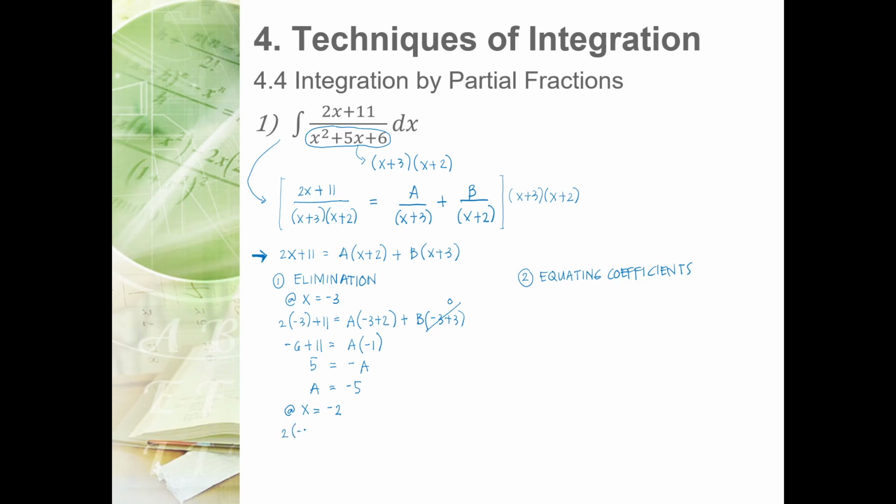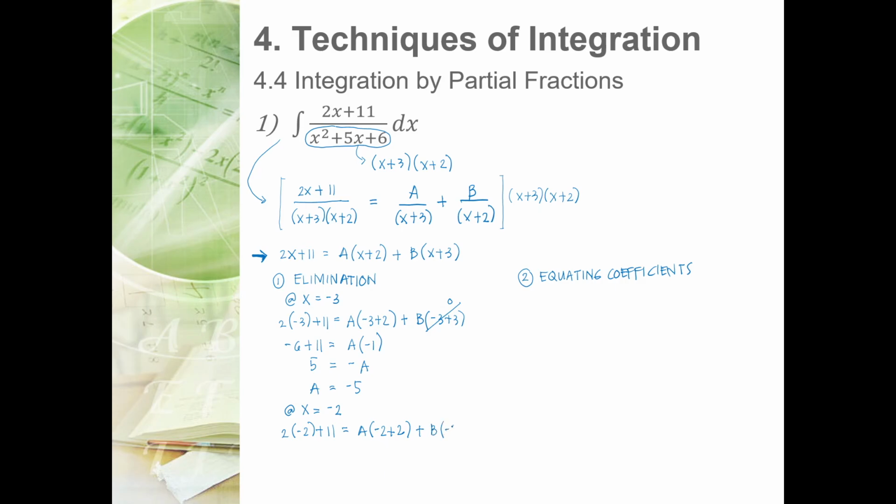So 2 times -2 plus 11. So again, take note that probably in your midterm exam, you're not allowed to use your calculator. So you have to do some mental math or manual math in the process.